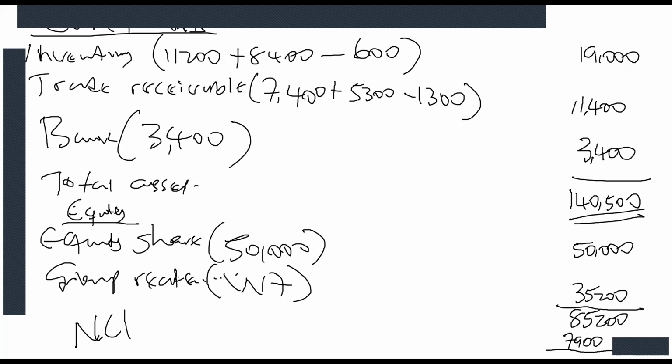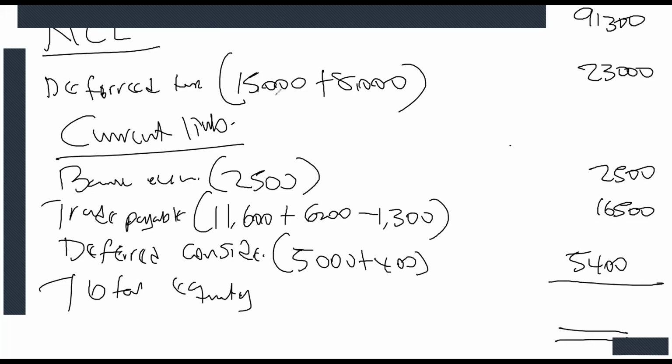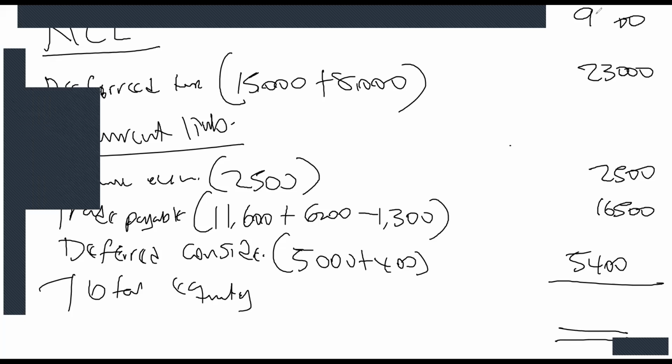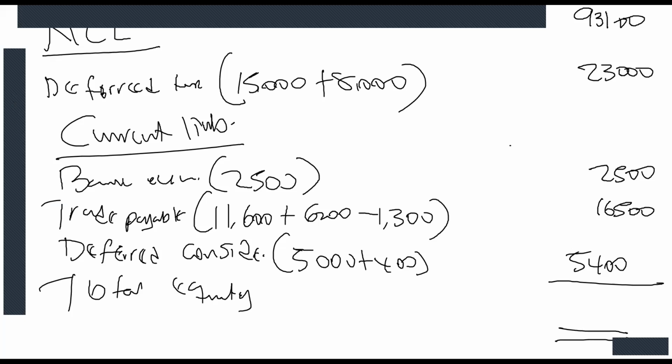So 85 what? 85,200 plus 7,900 is 93,100. Then we wrote 90 to 1. I wrote 91. Now add again for me.